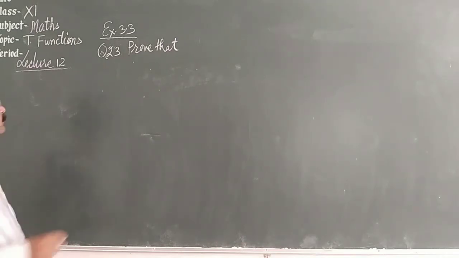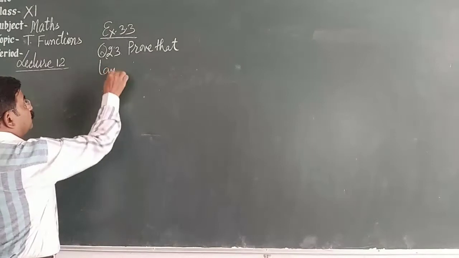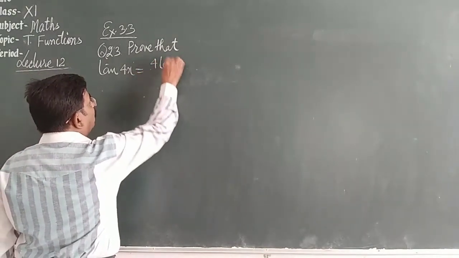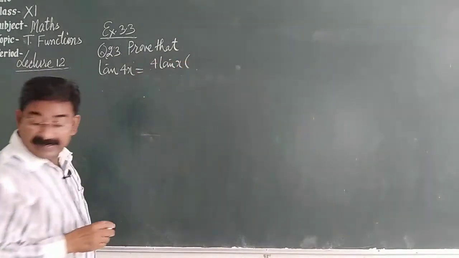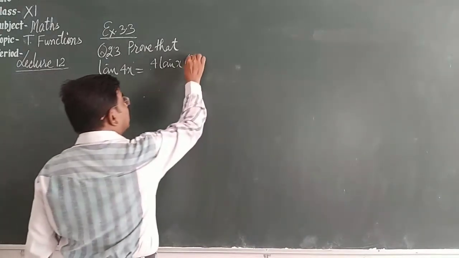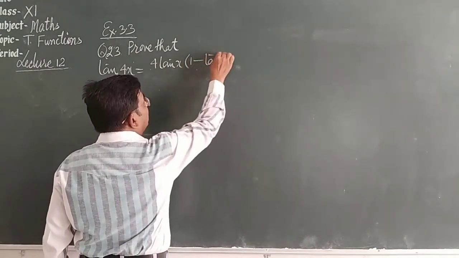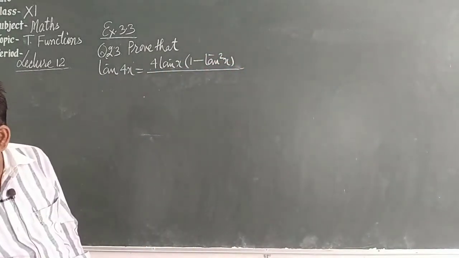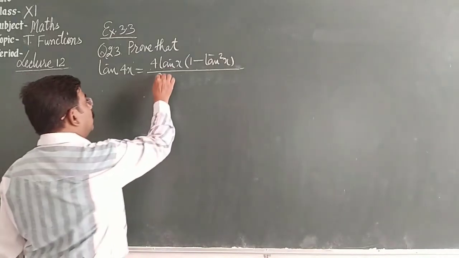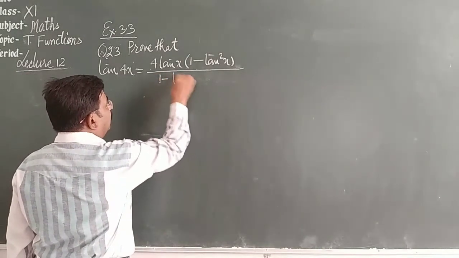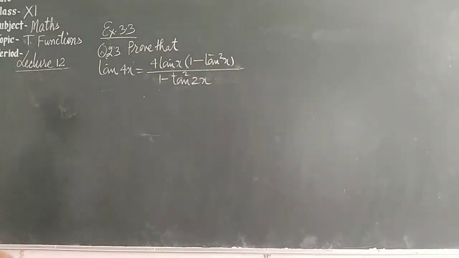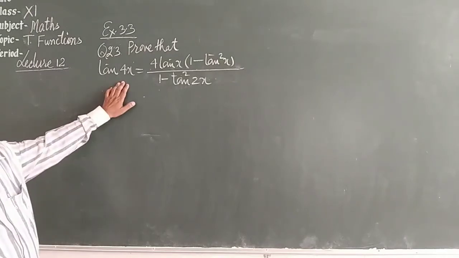We have to prove tan 4x is equal to 4 tan x in brackets 1 minus tan square x, upon 1 minus tan square 2x. Very simple question, but we have to change the left hand side.